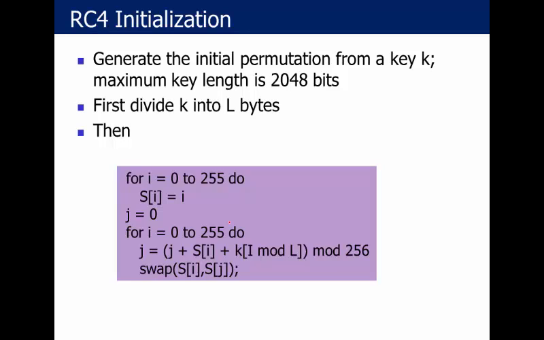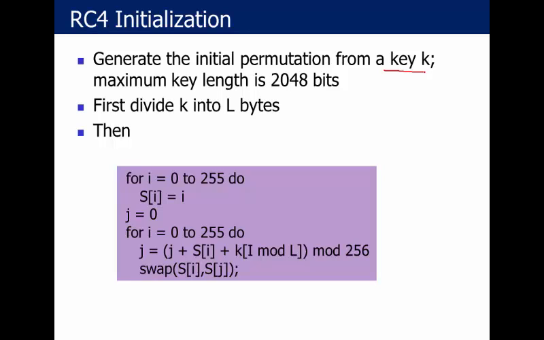To run that algorithm, an initialization vector is needed. That is this. So we need to generate the initial permutation from a key K. So this is a given, right? This is a very simple key that can be given.